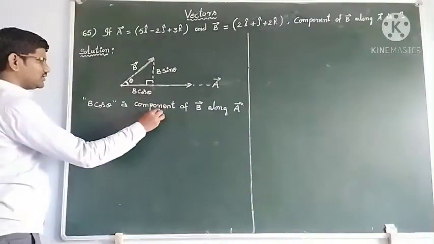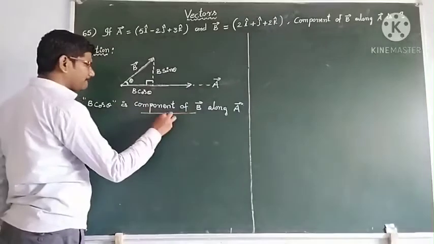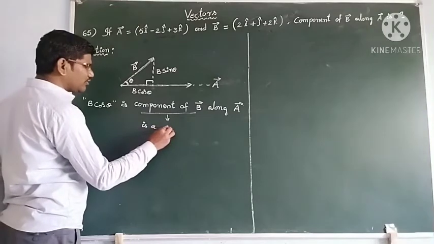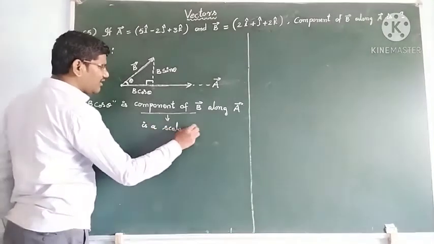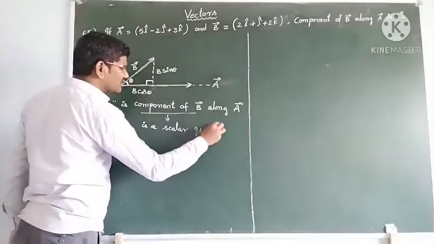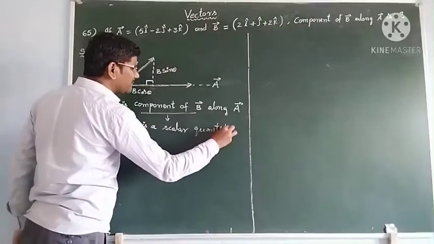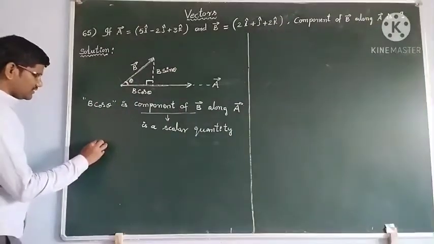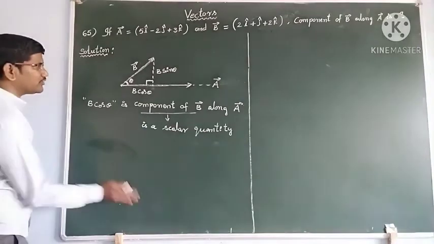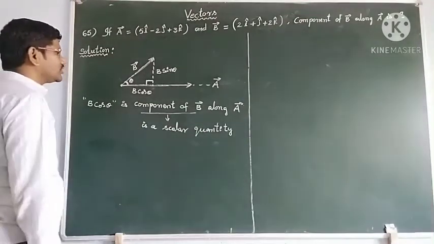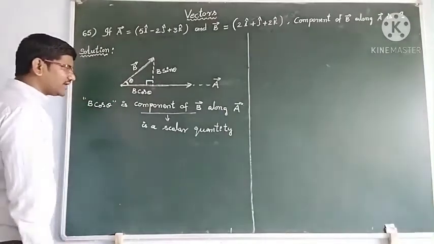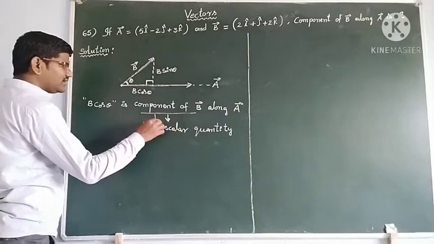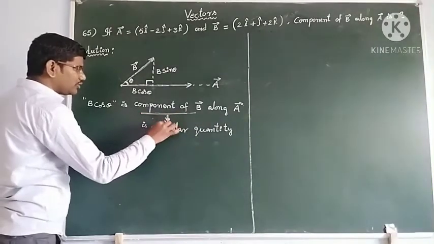And we know that the component of b bar is a scalar quantity. I want to find that b cos theta value. It is only a scalar, it has no direction.